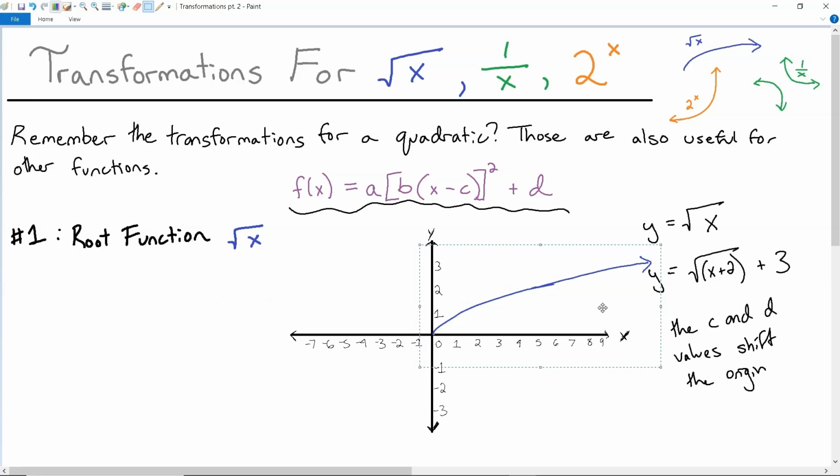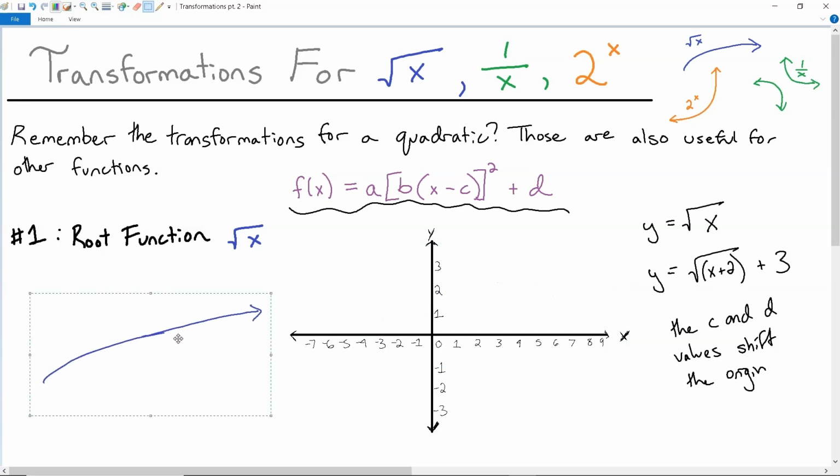But if I make the c value positive, I can actually plug in x values all the way to -2, and the function will still work because I will not be taking a square root of a negative. So I really like square root functions to represent why, when we have a positive c value, we're actually making the x values more negative. And let's do one more example here.